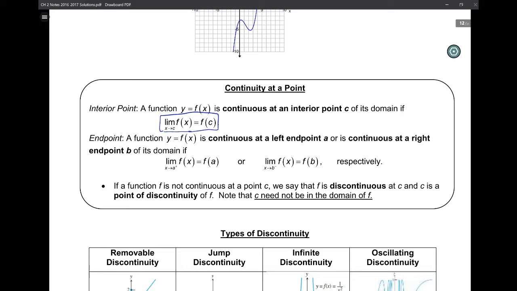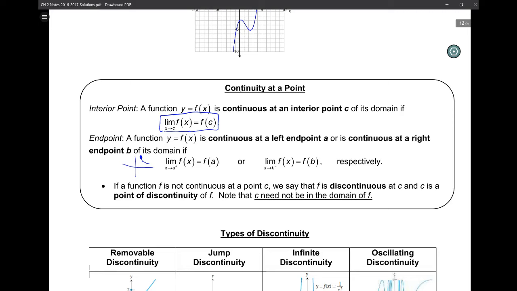Now, sometimes you just have an endpoint. So, for example, if this one's at a left endpoint, so let's say I have a graph, and it's like this. I know it's continuous. Oh, at a left endpoint means that we are approaching that value from the right, and the actual value is filled in.